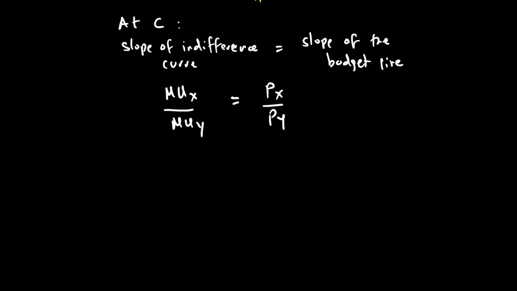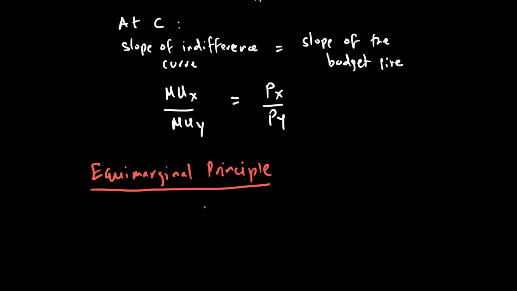Now if MUx over MUy is equal to Px over Py, this is actually our equi-marginal principle, which we proved in our first video on utility. So MUx over Px is equal to MUy over Py.